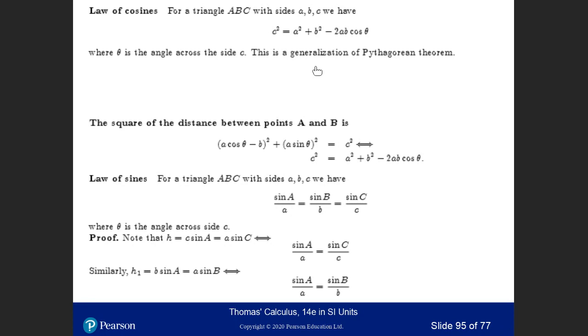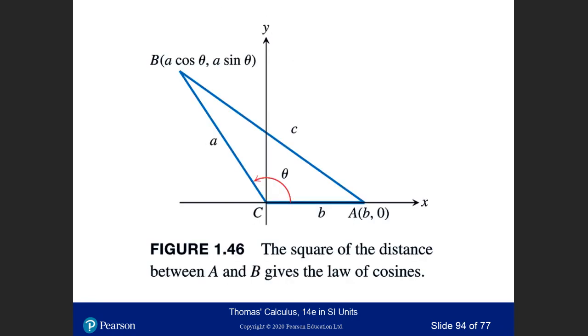Okay, so the proof goes like this. The square of the distance between point A and B is, of course, c squared. If you go back to the figure, between point A and B, you have the side C. C shows the length. So c squared is the square of the distance.